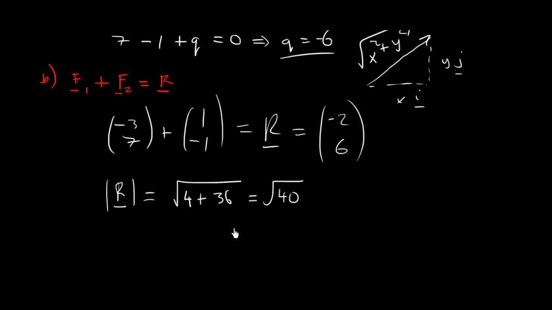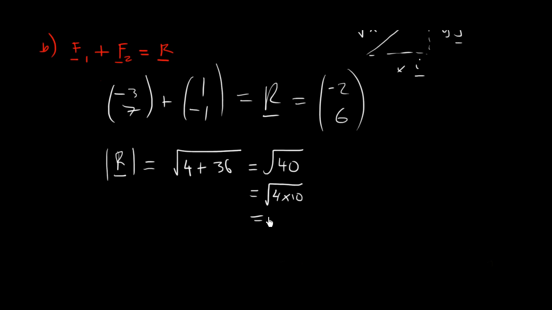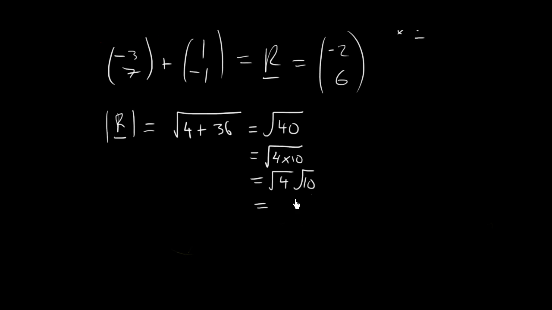Root 40 can be reduced further. You can just do it in a calculator if you want, but I like to reduce the surd if possible. Root 40 is the same as root of 4 times 10, which is root of 4 times root of 10. Root of 4 is just 2.